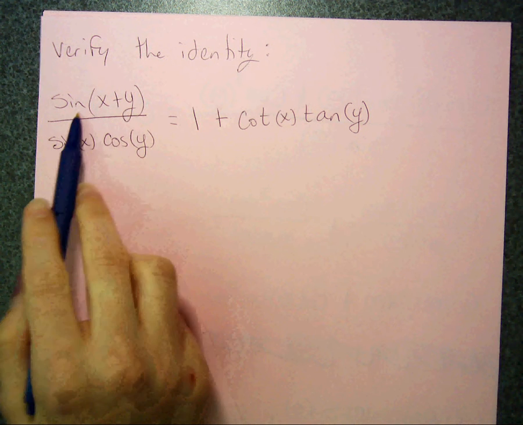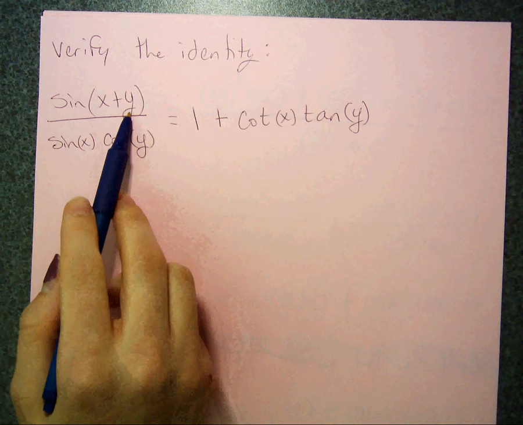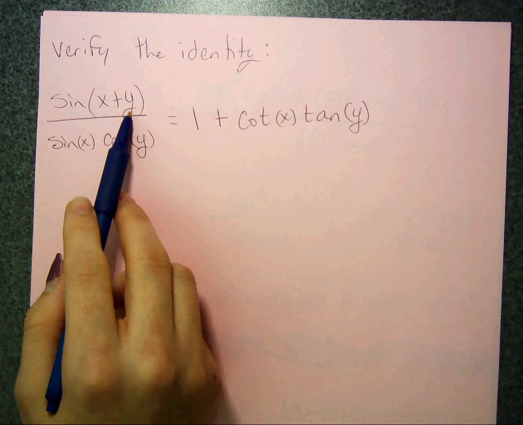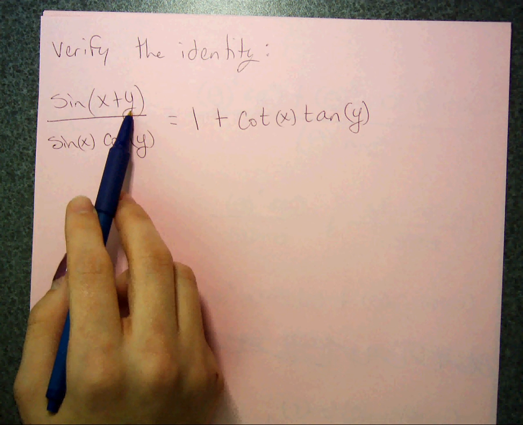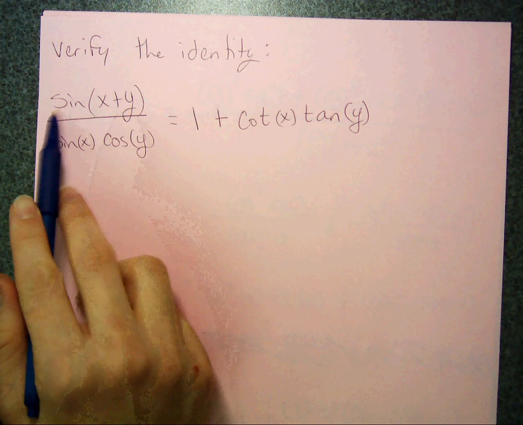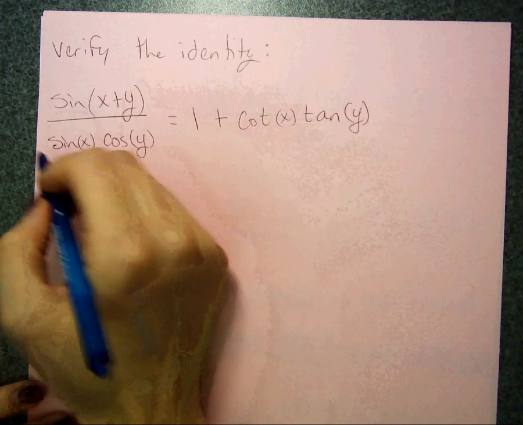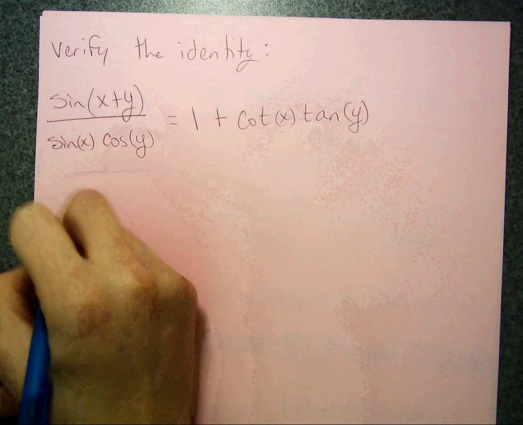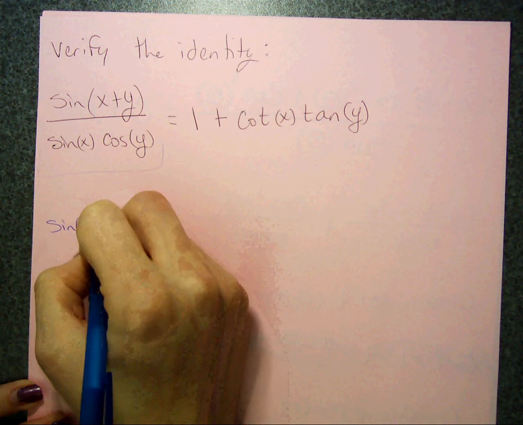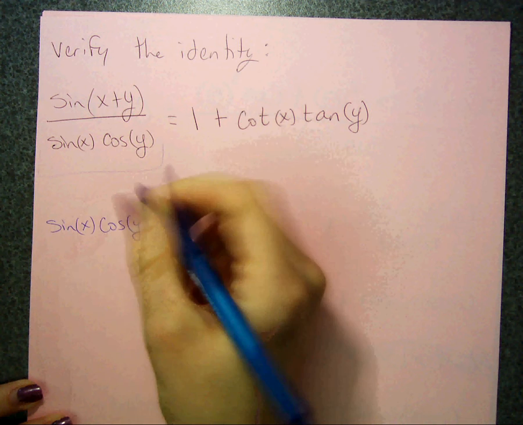Also, automatically, sine of x plus y, that's the setup of the sum identity for sine. So I have something automatically that I can plug in. If you refer back to your identity sheet, sine of x plus y is sine of x cosine of y.